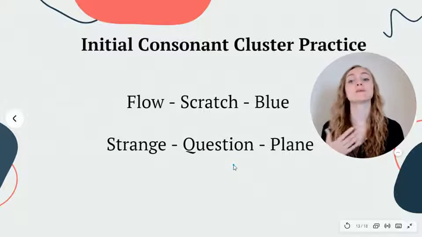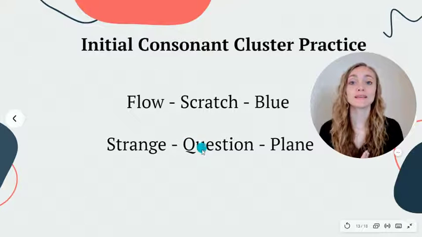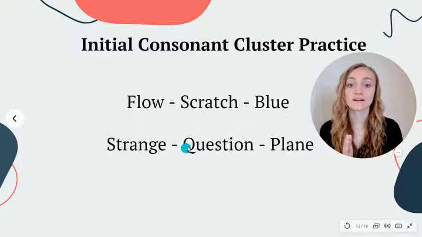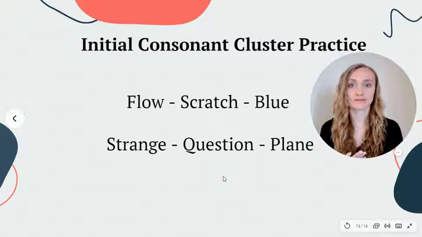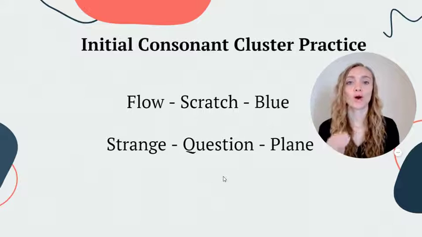question. Okay, and with this QU, we're really hearing a K followed by a W sound. Question. So don't let the spelling of this word throw you off because this can be a tricky word sometimes. Question, not question, but question.